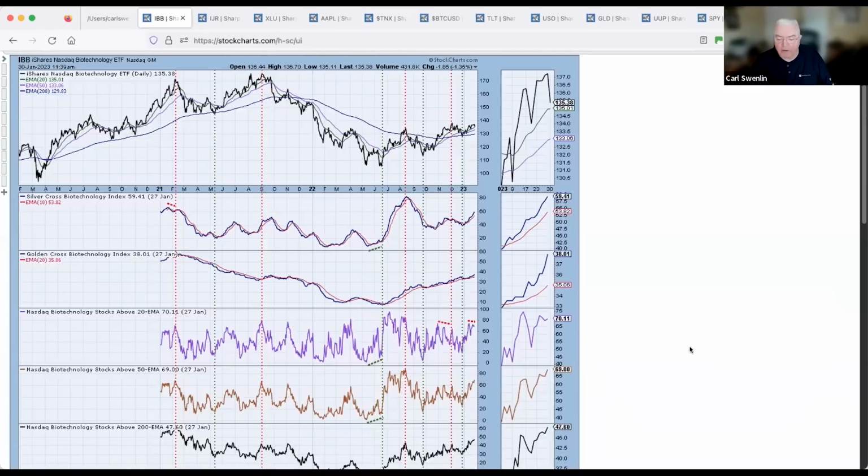This is a basic starting point for making any decisions on trading or investing. You need to know what direction the market's going and what condition it's in. We'll touch on that a little later.